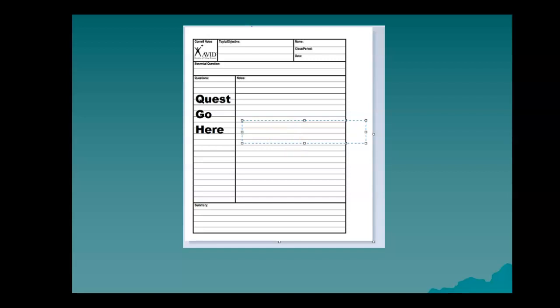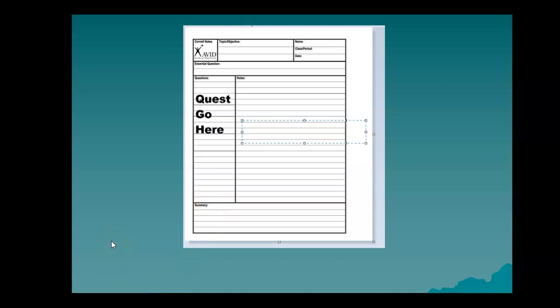For this slide, what is anatomical position would work, or where are your palms in anatomical position, where are your feet in anatomical position, what does anatomical position allow you to do, anything like that is going to be there. So we need a question, and then you need to create a space down below.